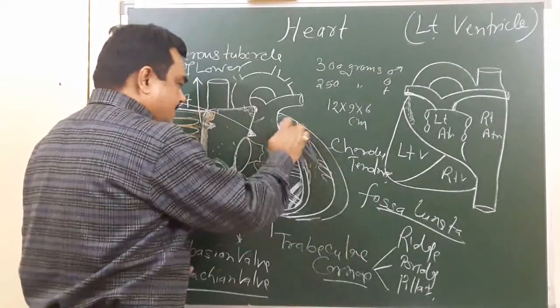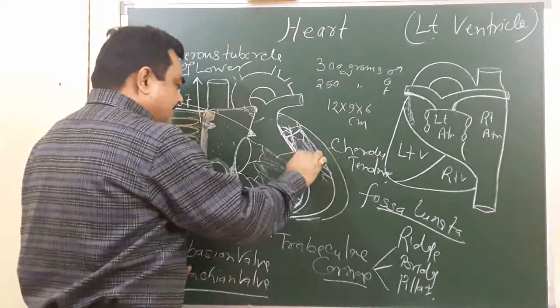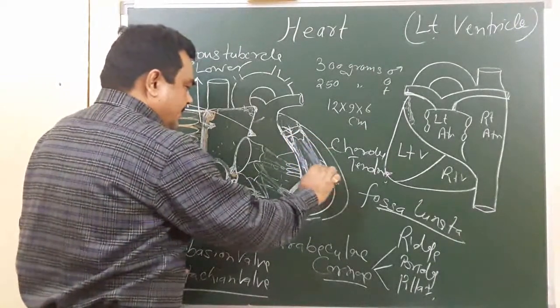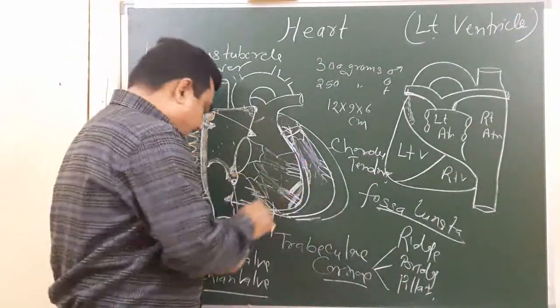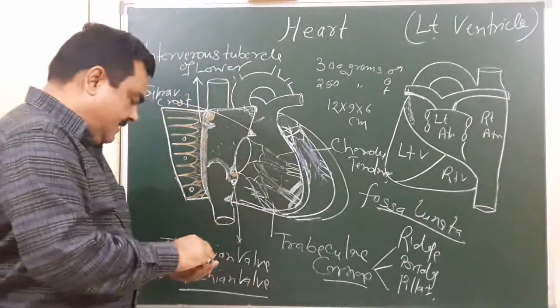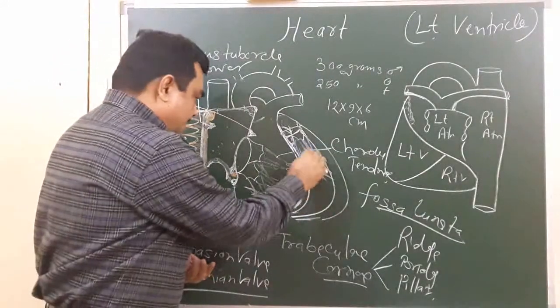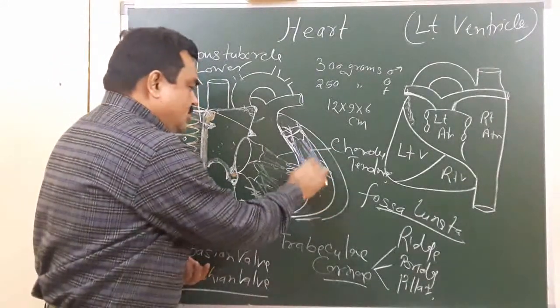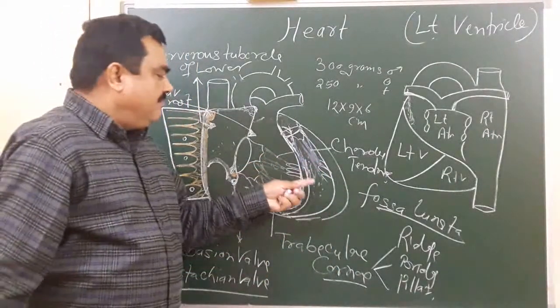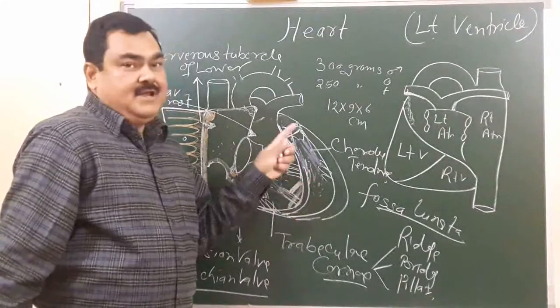This is known as the mitral valve. The cusp of the mitral valve is attached, and this is known as the chordae tendineae. The rough part is due to this muscle, and developmentally it develops from the primitive ventricle.